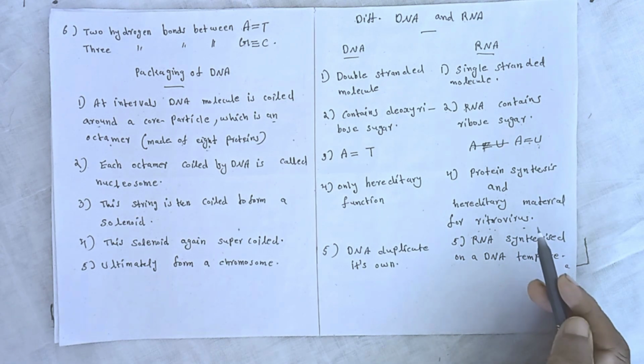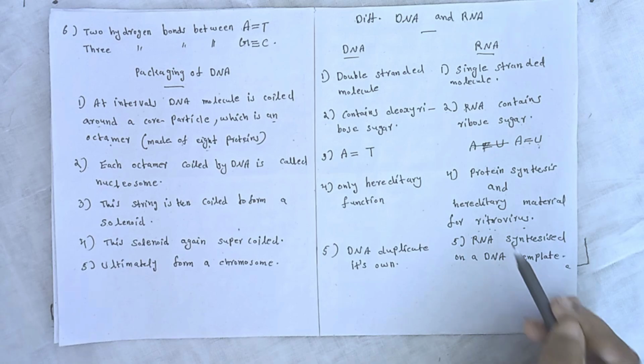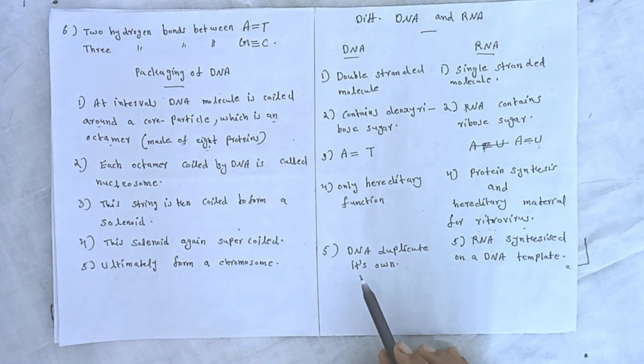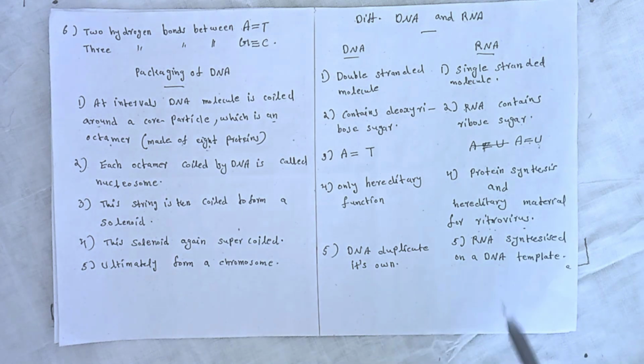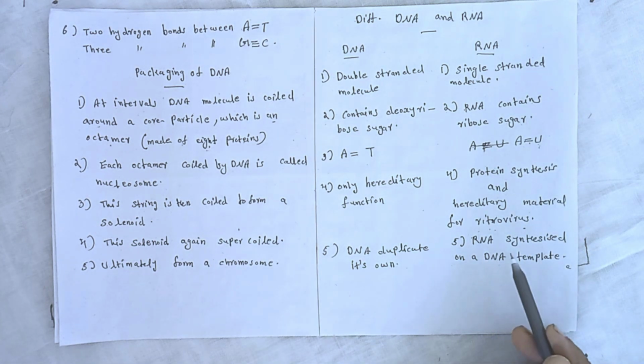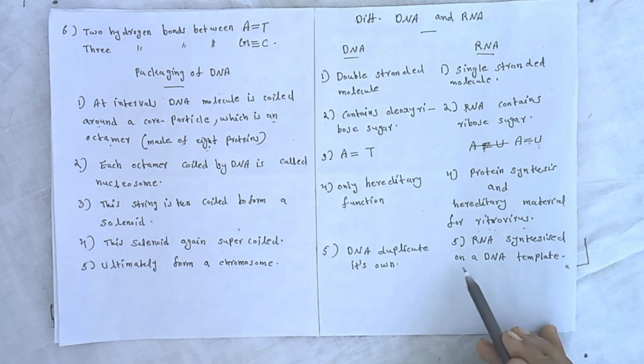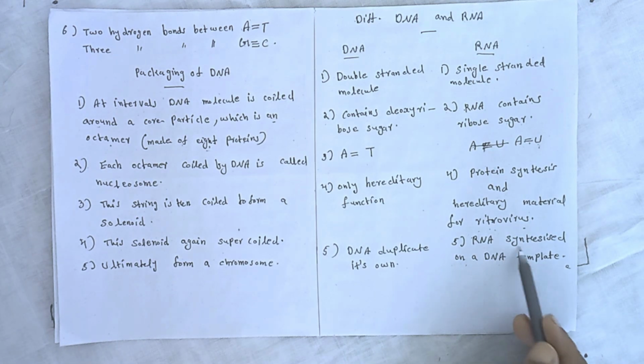Then last point, DNA duplicates on its own, that is DNA replication. But RNA is synthesized on a DNA template; DNA acts as a template for the formation of RNAs.